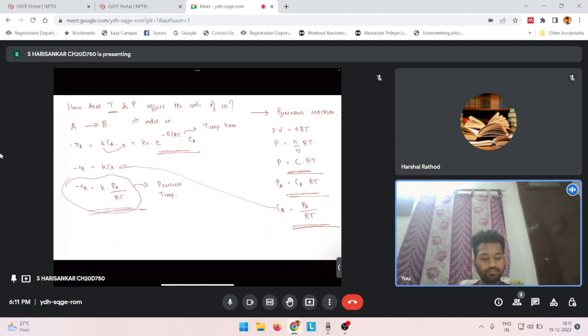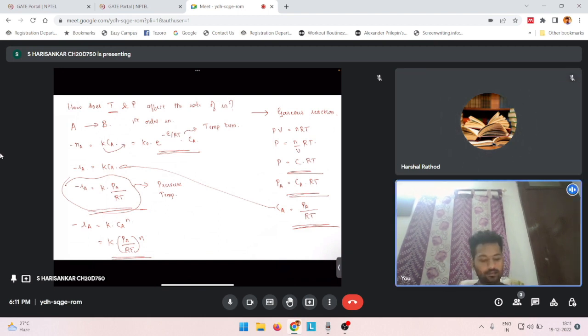For nth order, pretty much the same thing. What will be the nth order reaction? Let's say rA is equal to k CA raised to n. So this CA, you just write it as k into PA by RT, the whole raised to n. That's all. Right?